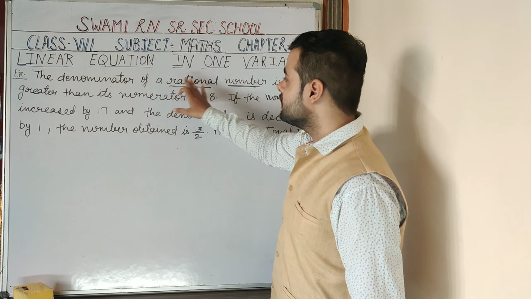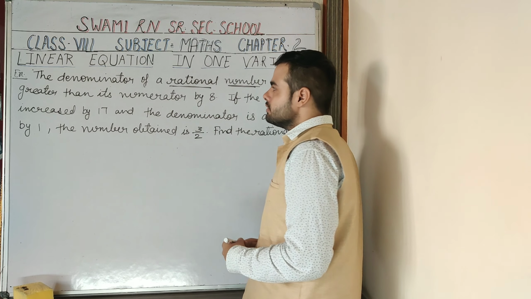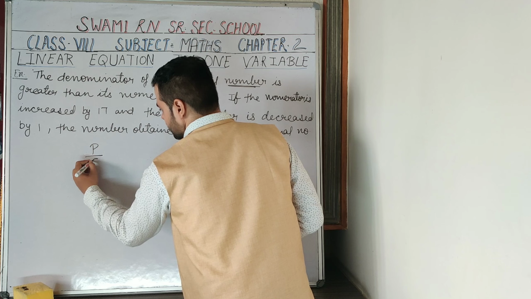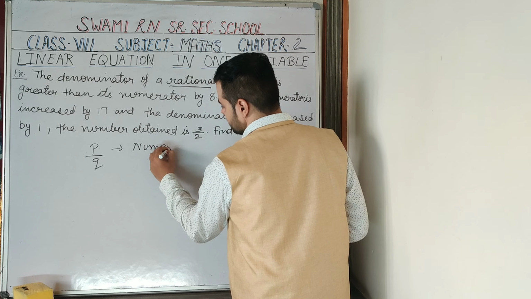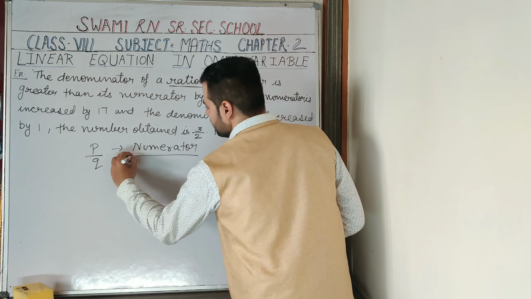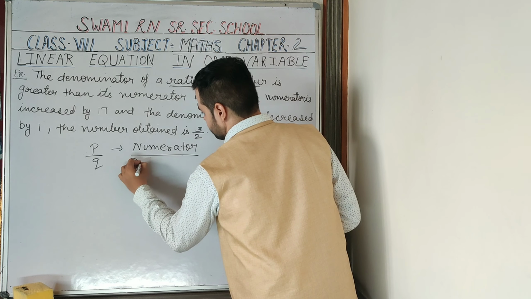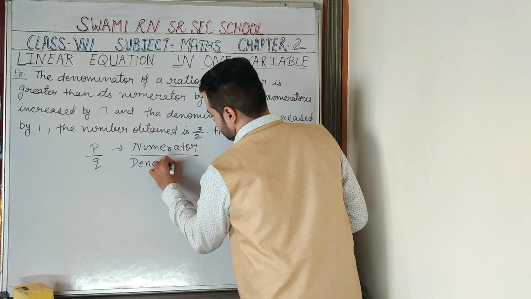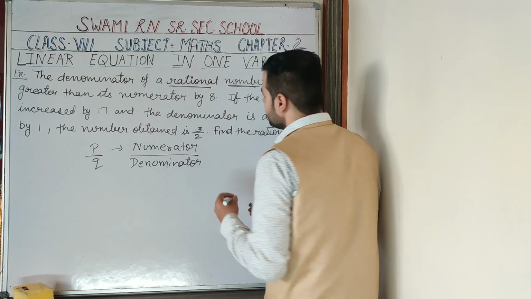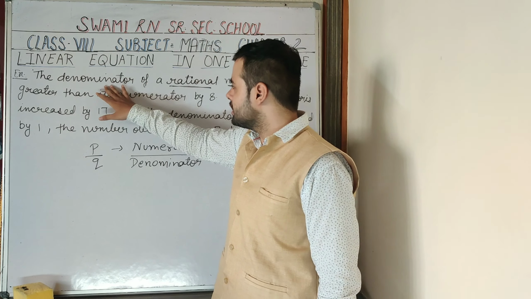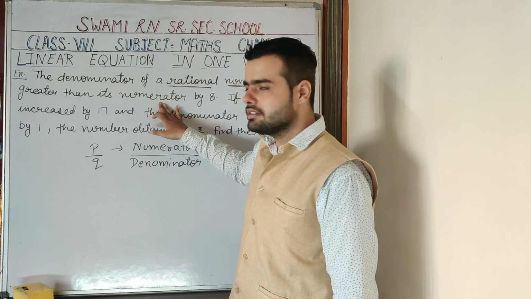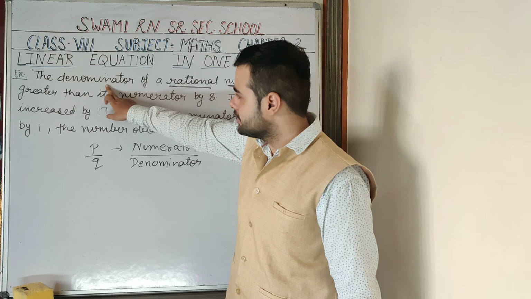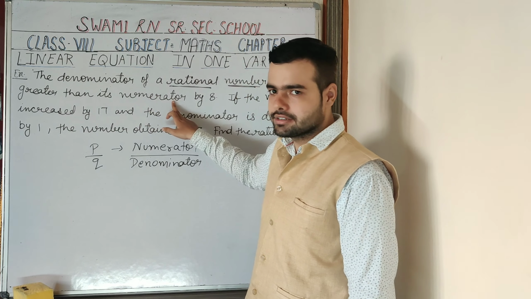The denominator of a rational number, as we know the rational number is written in this form, so p is the numerator and q is the denominator. Now the denominator of a rational number is greater than its numerator by 8. Denominator is greater than numerator.